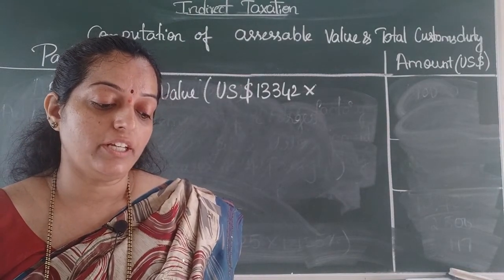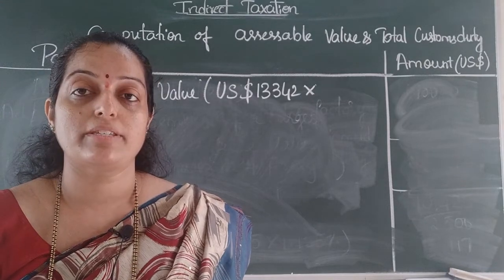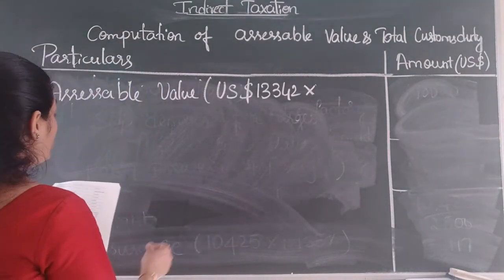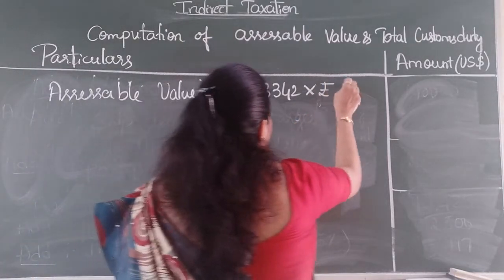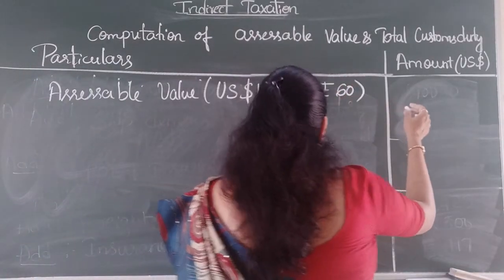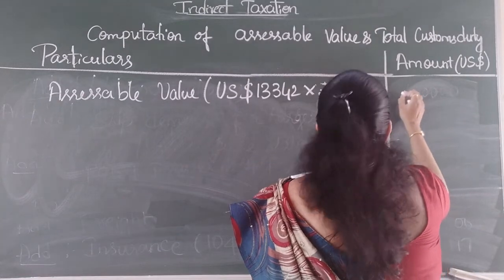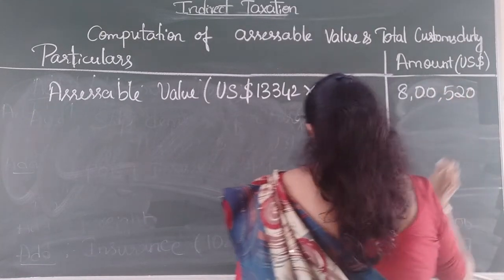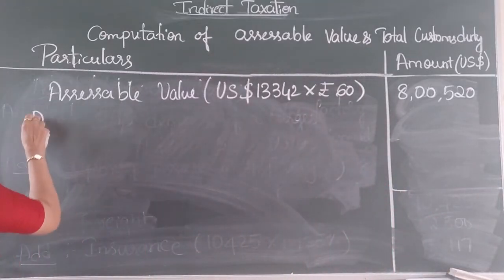And the rate of BCD is 20% and exchange rate notified by CBIC is ₹60 per US dollar. So converting into rupees, we will get the answer as 8,520,000.